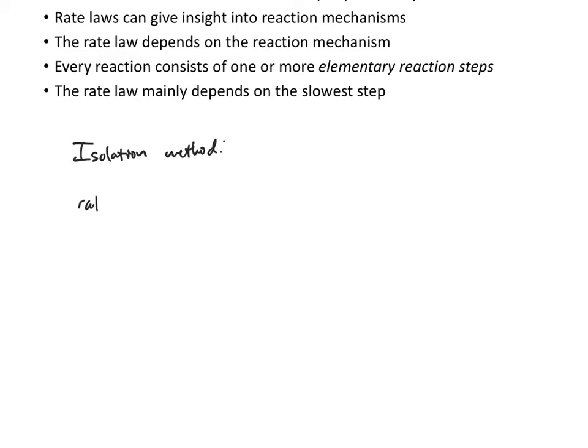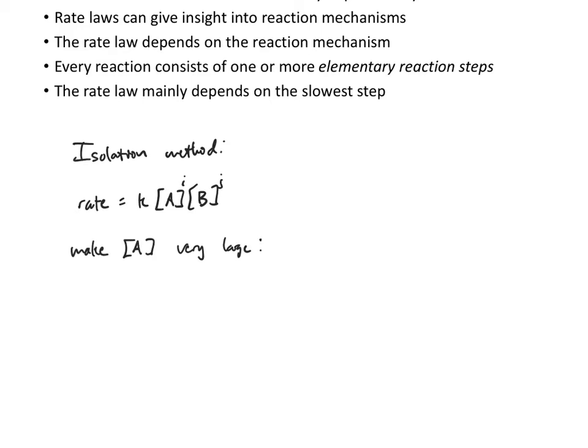And again, we've got a rate law expression. And we have an unknown I and an unknown J right up there. Now the way the isolation method works is you make the concentration of A very large.